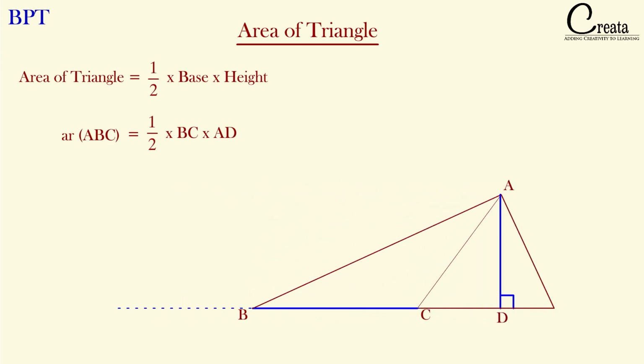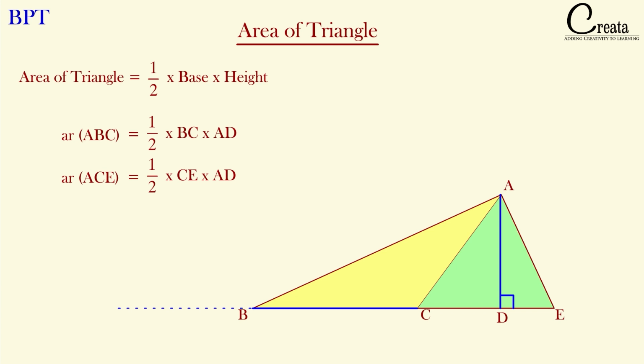If we form a new triangle here, the previous triangle is ABC, this is AD, and the new triangle is ACE. So this is a new triangle we have just taken for the experimental purpose. Here area of the triangle ABC is half into BC into AD. Got it? What will be the area of this triangle ACE? It will be half into base into height. If we take the base as CE, then the area will be half into CE into AD.